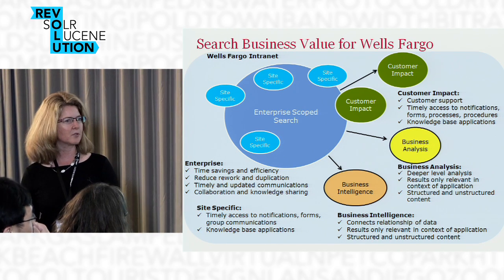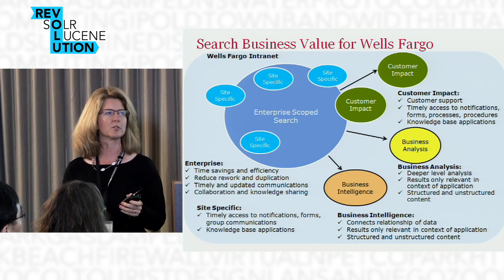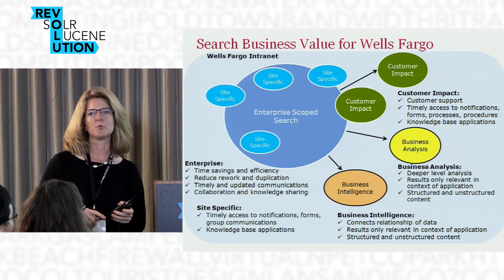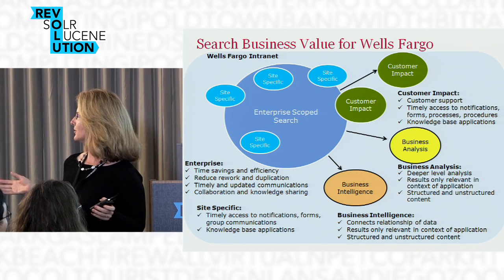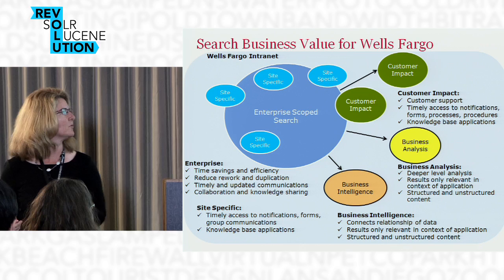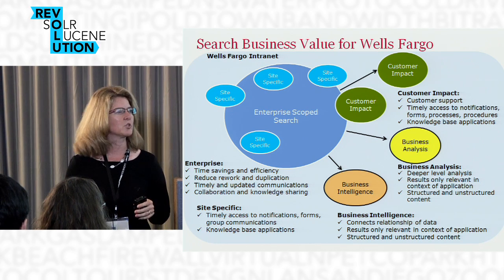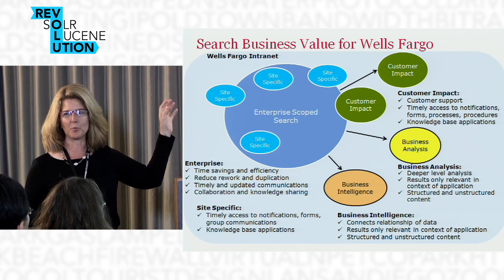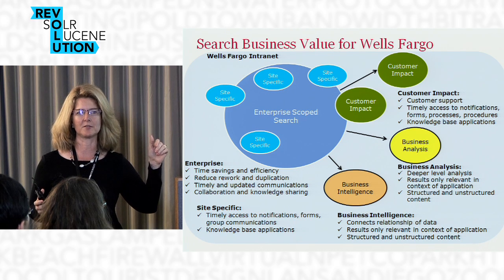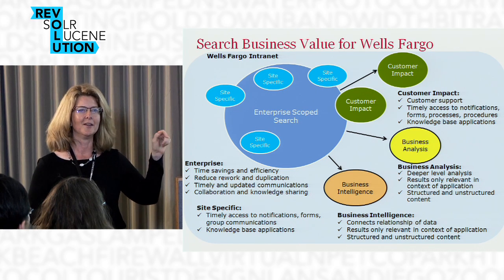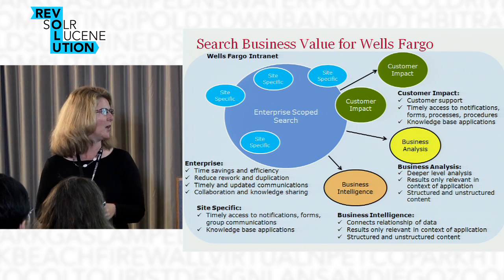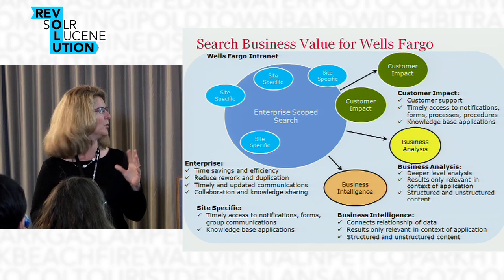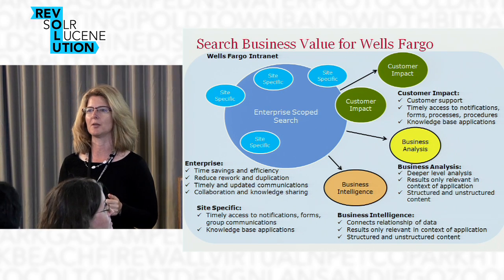There are different types of search applications that we're moving into. When we started out doing search, about 6 years ago now, we took over Enterprise Scope Search. We had basically the enterprise search, the big one box to find it all, and then we had a customer impact application that moved into a business intelligence type of application.